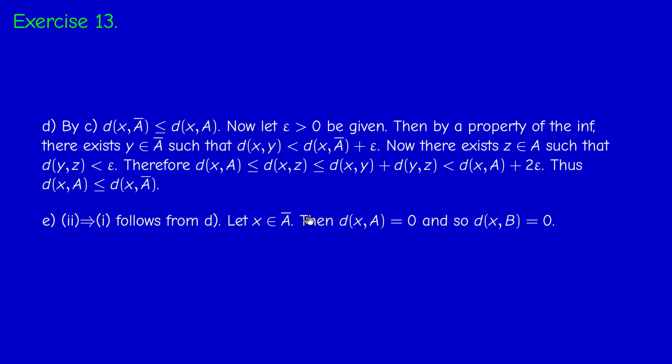Then by the first question, d(x,A) is 0. But since d(x,A) equals d(x,B), then d(x,B) is 0. And by property 1 as well, x is in B bar. So A bar is contained in B bar, and by symmetry, B bar is contained in A bar since they play the same role, and therefore we have equality. Okay, so this concludes exercise 13.